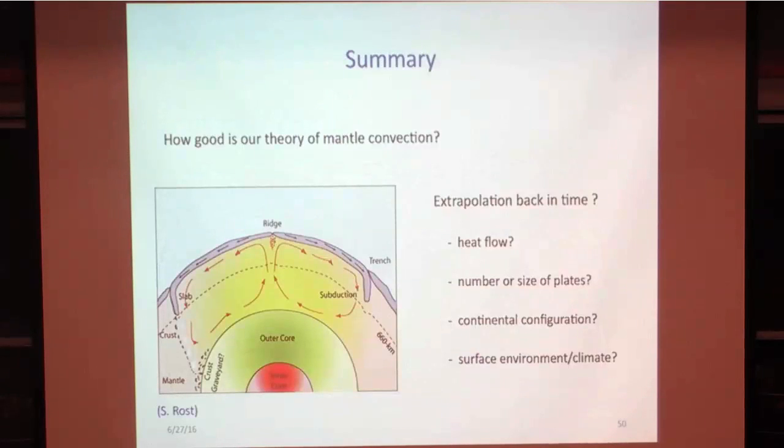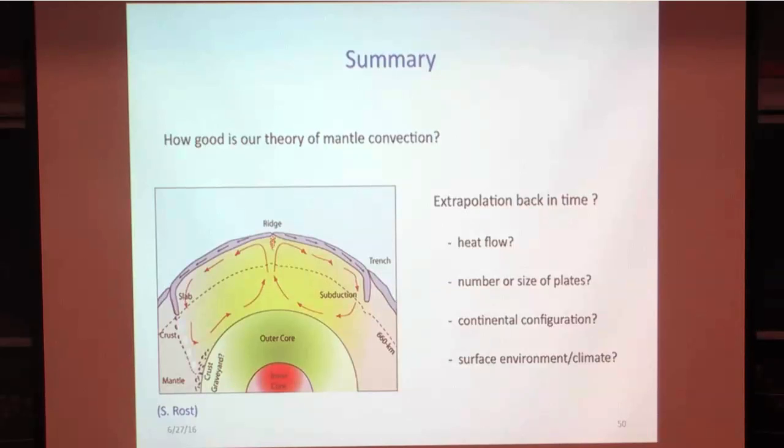And so to summarize from Bruce's last slide, right, instead of summarizing what we've learned, a set of questions, right? How good is our theory of mantle convection? And by this, I think he really means we can write down equations that describe exactly all the conservation laws.